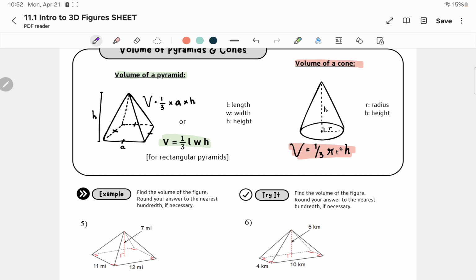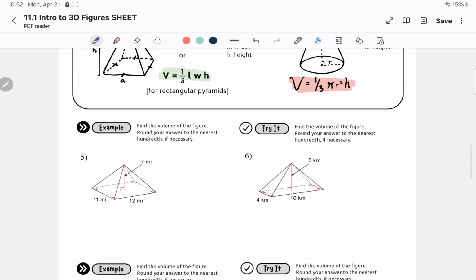Okay, so let's look at number 5. We know it's a rectangular pyramid because the base is a rectangle, and then it's coming to a point. So it does have height to it, but the height is coming to a point up here. So that's how we know it's a pyramid.